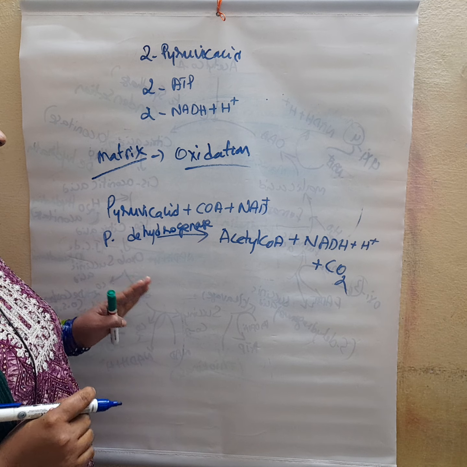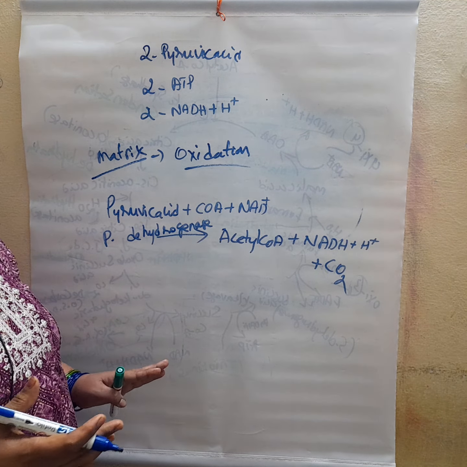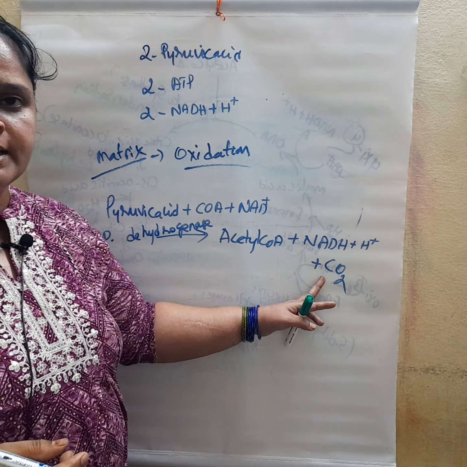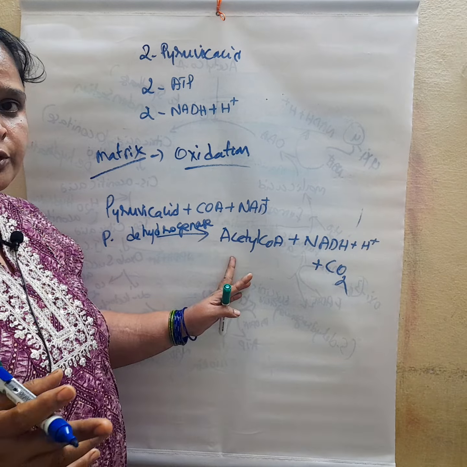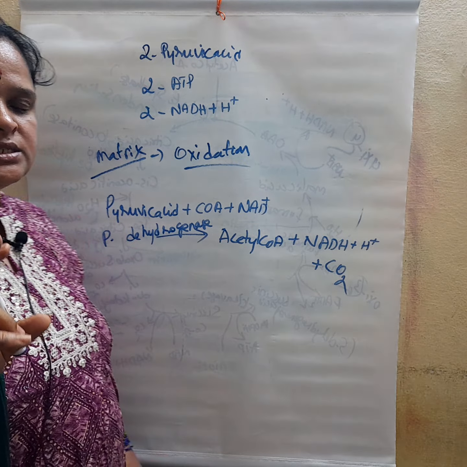In the presence of this enzyme, pyruvic acid combines with coenzyme A and NAD plus, losing one carbon dioxide, forming the two carbon compound acetyl-CoA and generating NADH plus H plus.